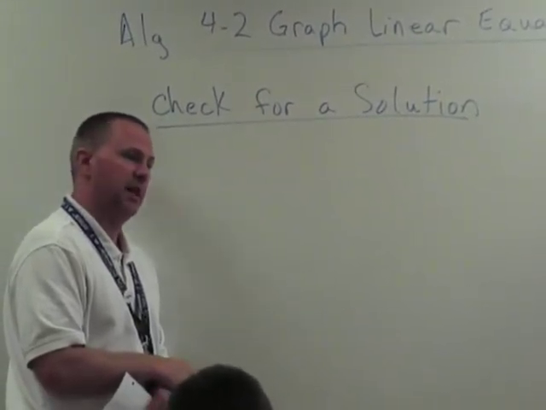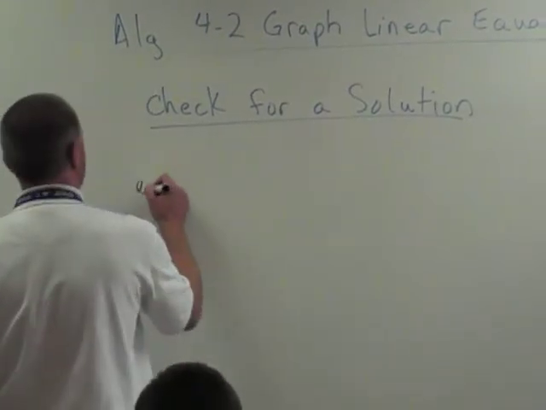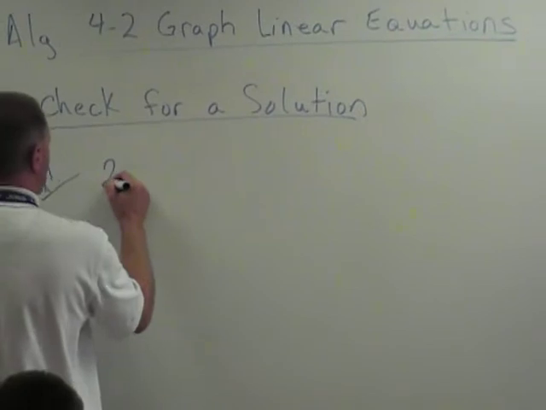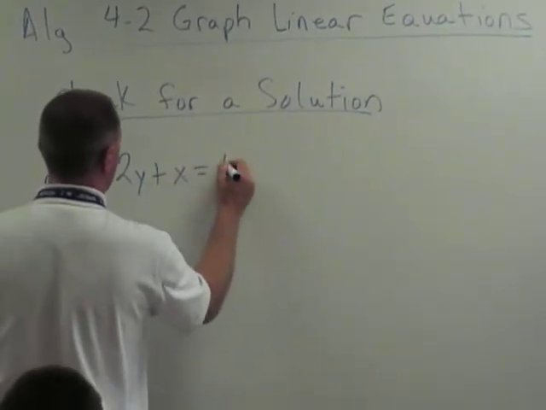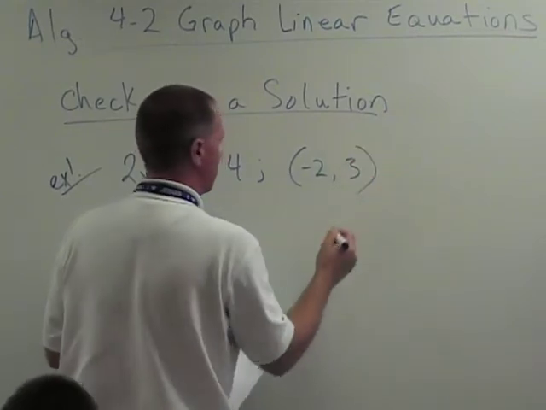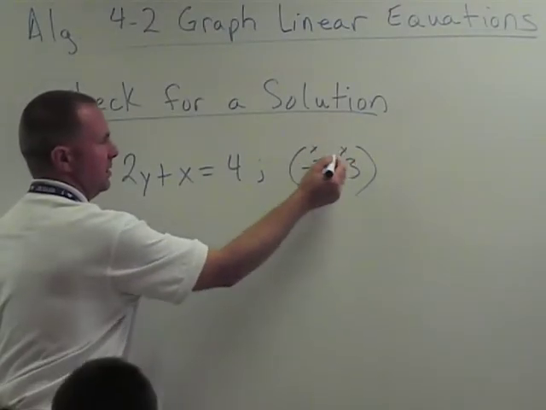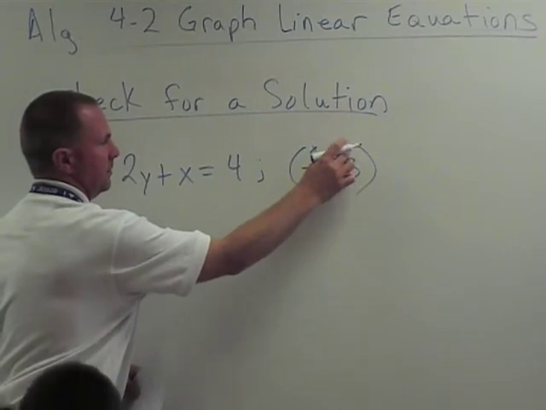This is the exact same thing, except now you have two variables. Example 1 is 2y plus x equals 4, and the two numbers it wants you to substitute are those two. Remember, your first number is x, your second number is y.